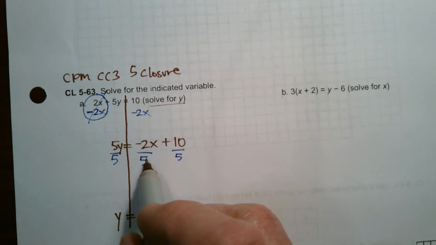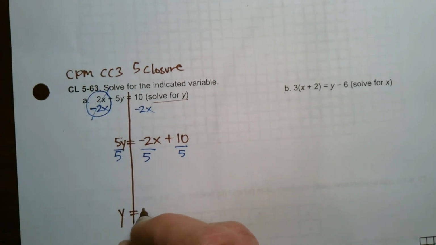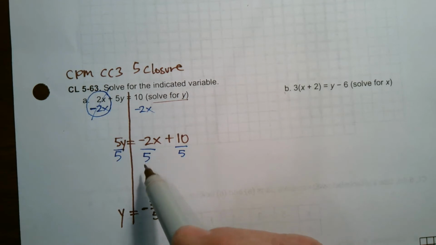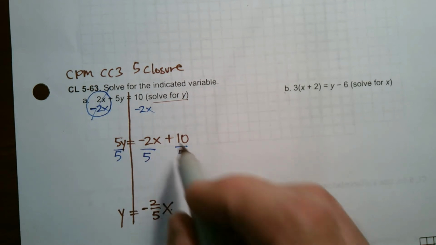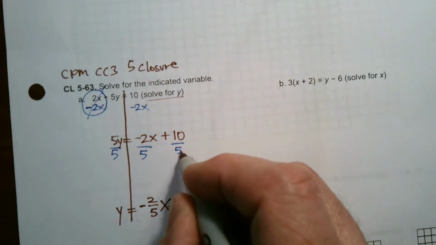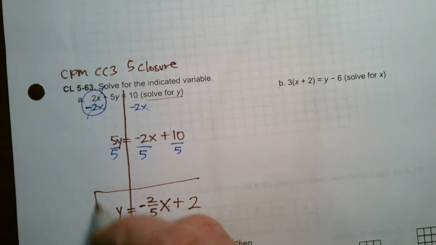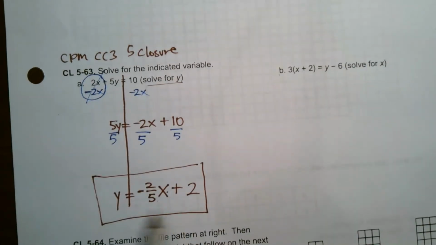That can't divide evenly, so I leave it as a fraction, and it becomes the new coefficient to that variable x. So it's negative 2/5 x, because 2 over 5 does not divide evenly, so we leave it as a fraction. And then plus 10 divided by 5, that does divide evenly, and it gets me 2. So that right there would be the equation that represents y, for solving for y.